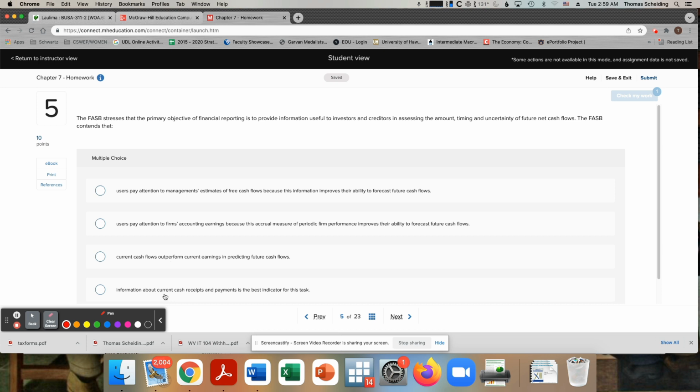Users pay attention to firms' accounting earnings because this accrual measure of periodic firm performance improves their ability to forecast future cash flows. By definition, that is correct. Let's just make sure that option A isn't correct. Users pay attention to management's estimates of free cash flows because this information improves their ability to forecast future cash flows.